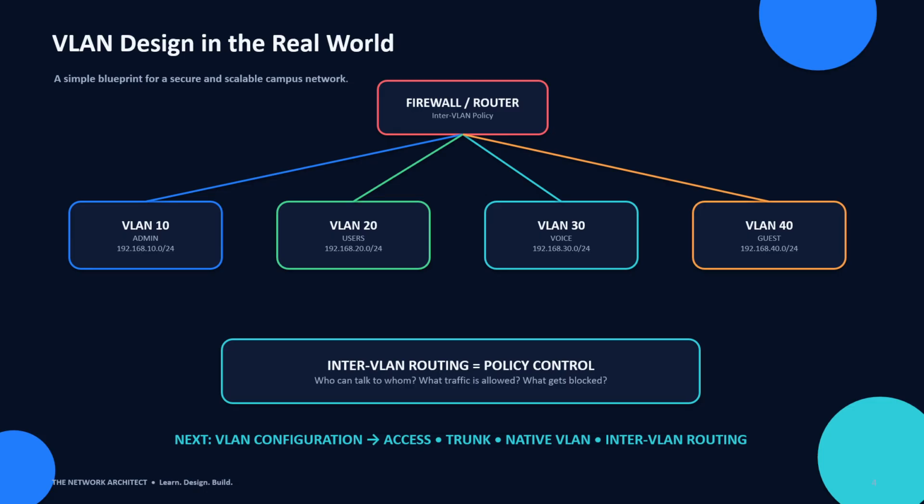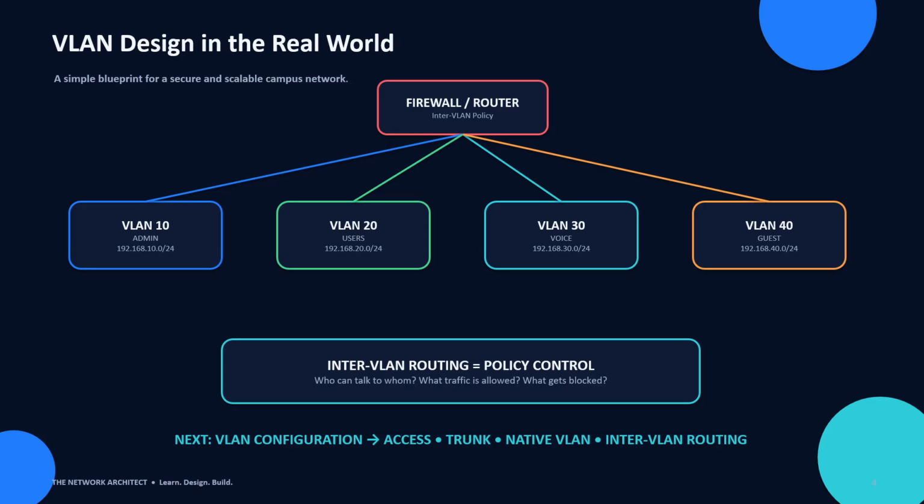This process is called inter VLAN routing, because we are using a layer 3 device for routing. Inter VLAN routing is configured either in the router, or in the firewall, or in the layer 3 switch, where we can communicate between two different VLANs.